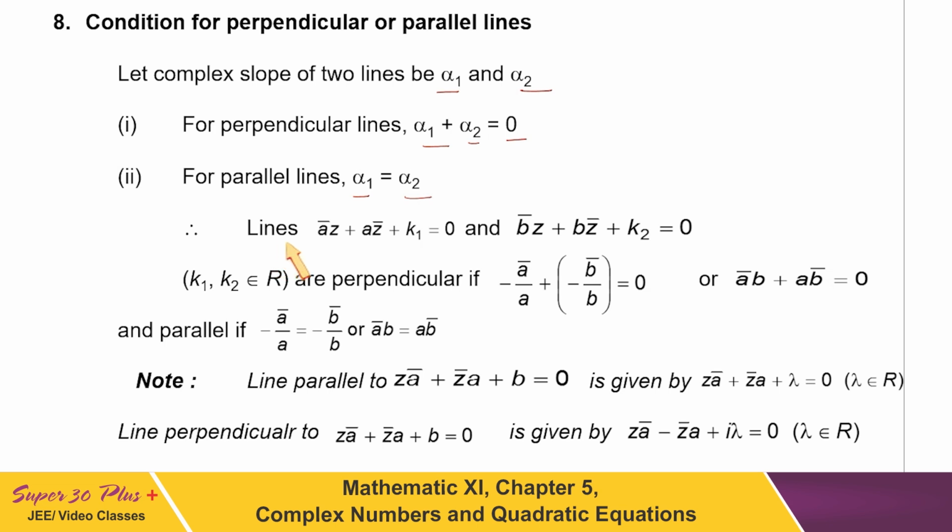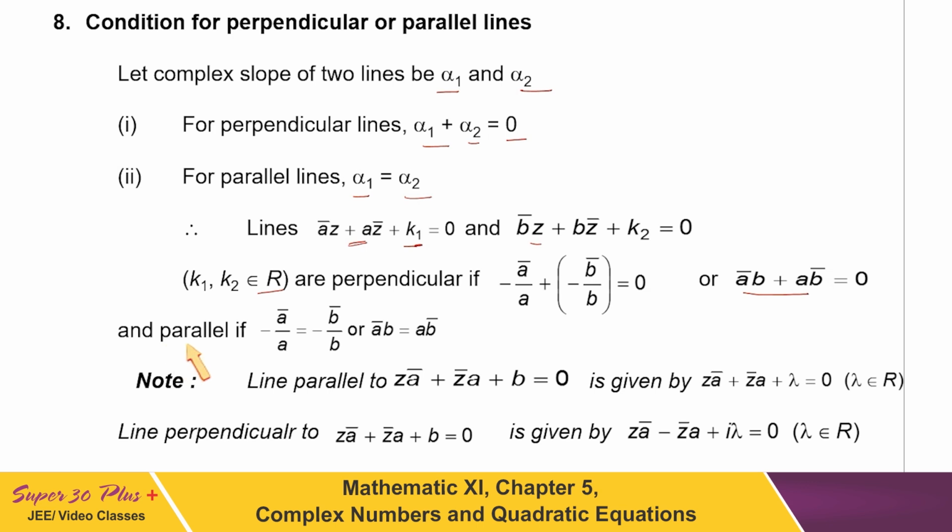Lines a bar z plus a z bar plus k1 is equal to 0 and b bar z plus b z bar plus k2 is equal to 0, where k1, k2 belong to real numbers, are perpendicular if the complex slope of this is minus a bar upon a and the complex slope of this line is minus b bar upon b, and by this condition we can write alpha 1 plus alpha 2 is equal to 0. Now simplify it, it will be a bar b plus a b bar is equal to 0.